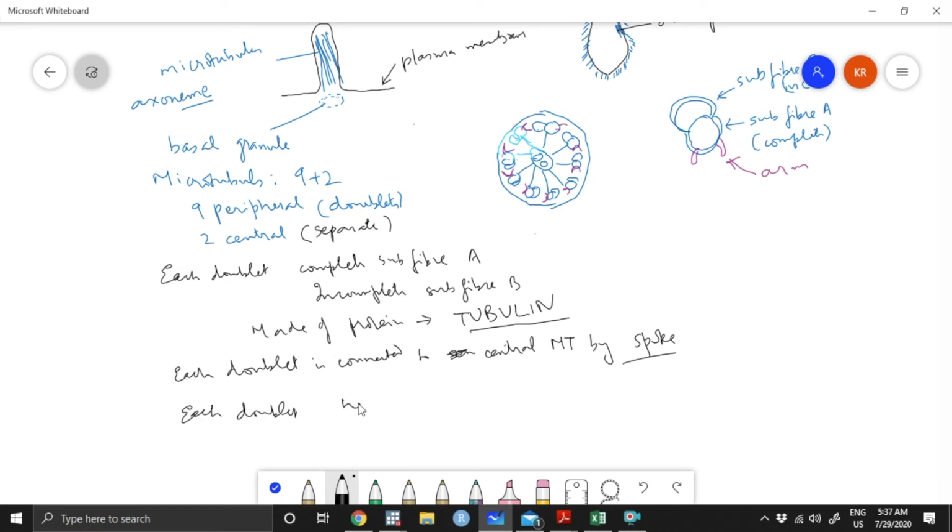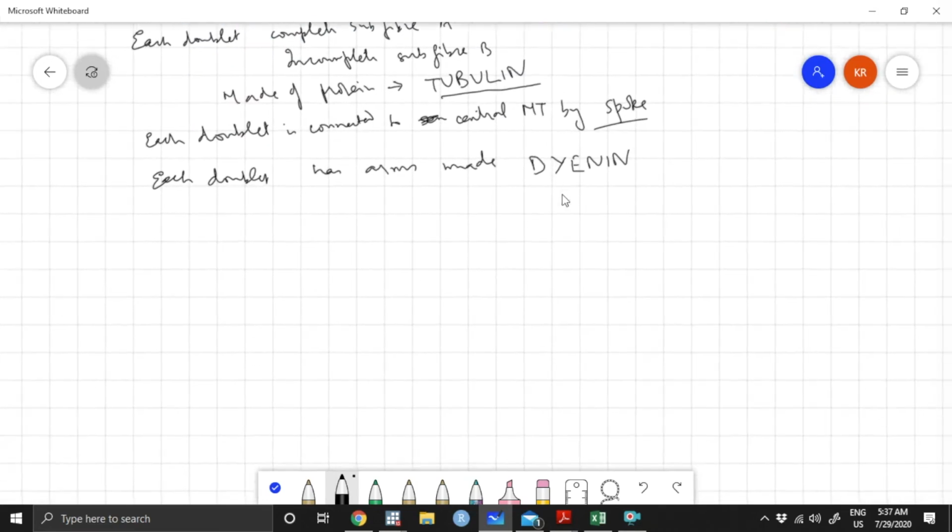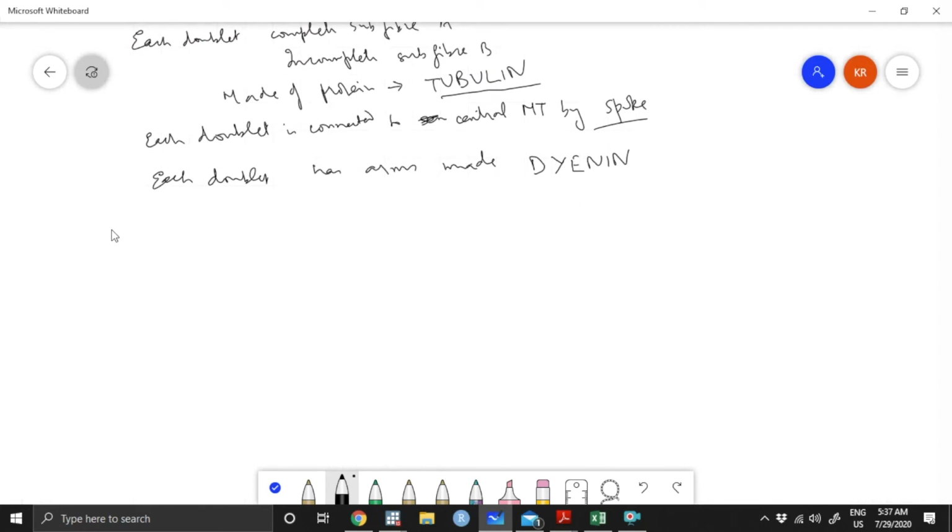Each doublet has arms made of a protein called dynein. These arms, which are made up of dynein, have ATP motors.